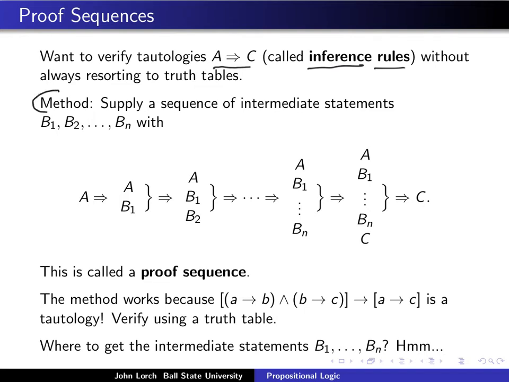And our method is going to be as follows. So what we want to do essentially is supply some intermediate statements between A and C where we can establish, bit by bit, some inference rules. So we start with A, and from there we infer B1 and A. And from there, we take another step and infer B2, which now joins B1 and A. And then we infer B3 and so on, which again joins the previous statements.